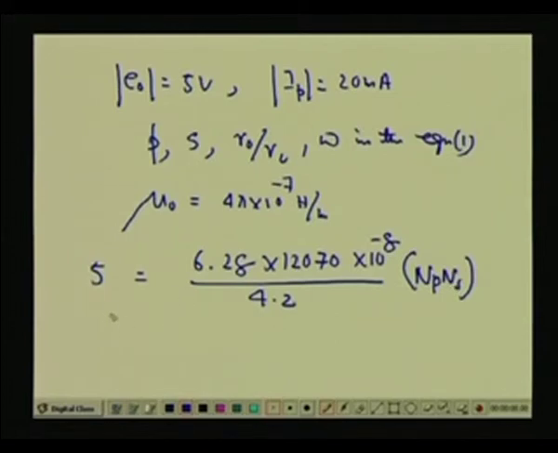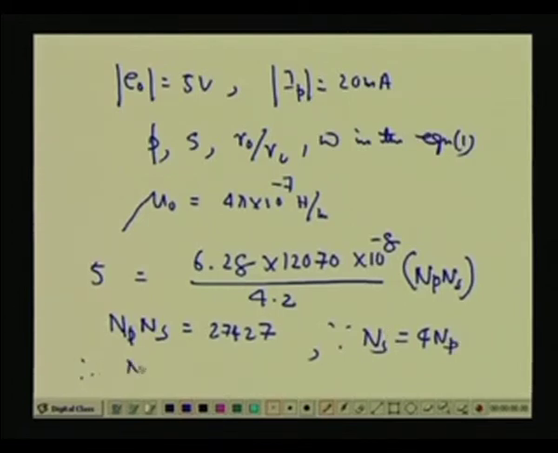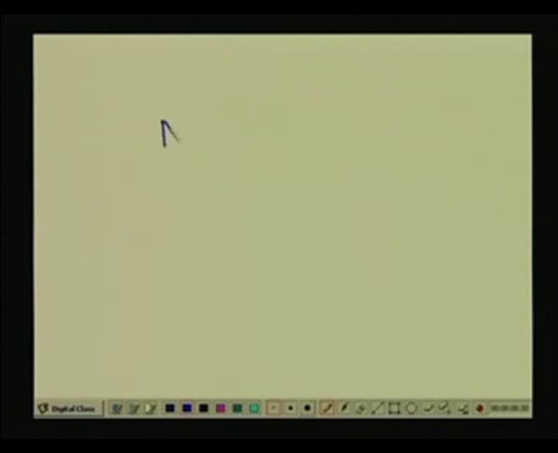Now, NP NS we get 27427, and because NS is equal to 4 times NP, already given, I can write NP square equal to 6856. So, NP will be almost equal to 83.